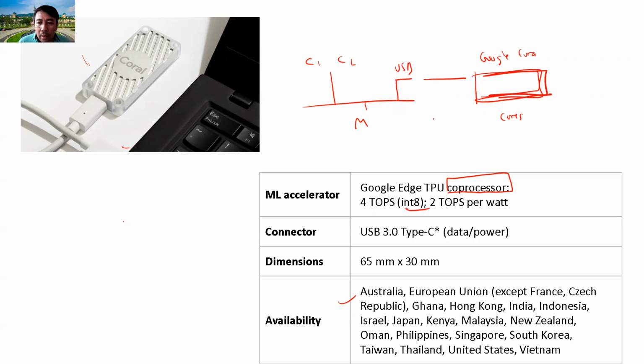This is your USB accelerator, so you can use it for machine learning training. It'll be faster compared to the CPU, because you have multiple cores here, so you can speed up the computation.